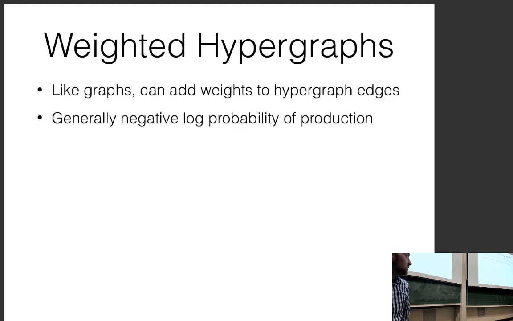So weighted hypergraphs are like graphs where you can add weights to the hypergraph edges. And generally, these weights can be equal to something like a negative log probability or some score of how likely that particular edge is.